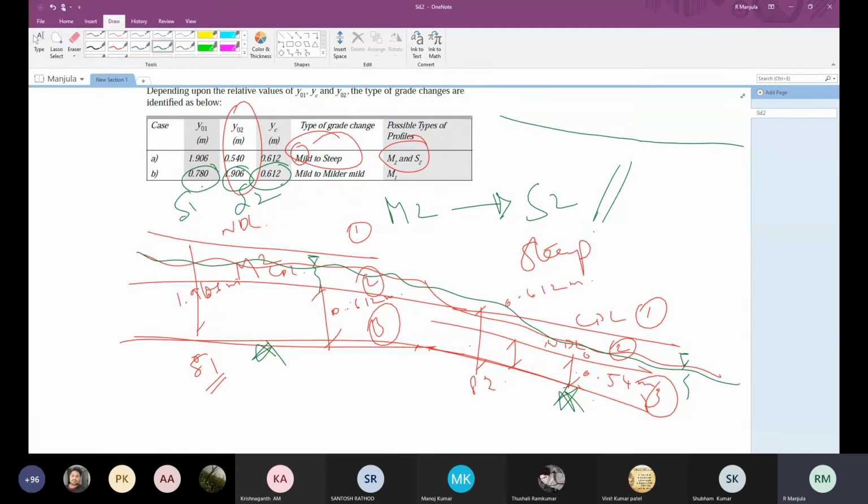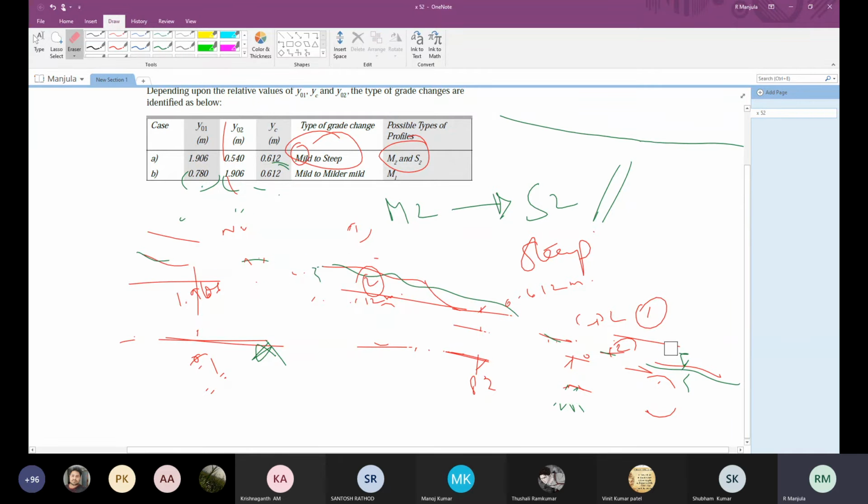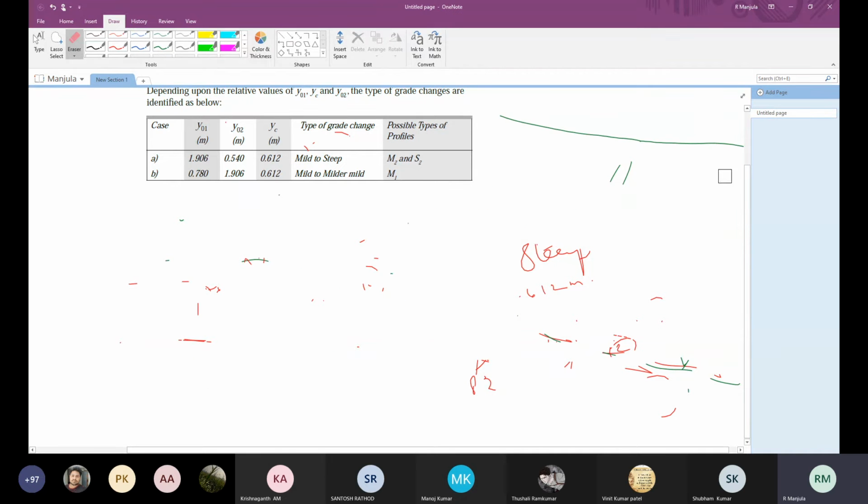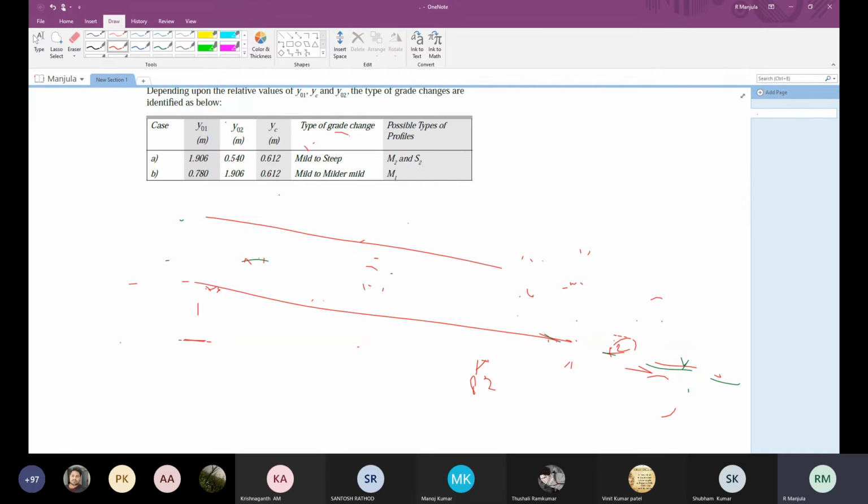Because now see the critical depth line and normal depth line here. So here is your profile.